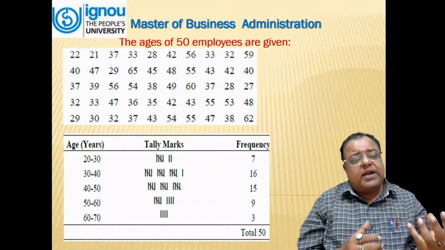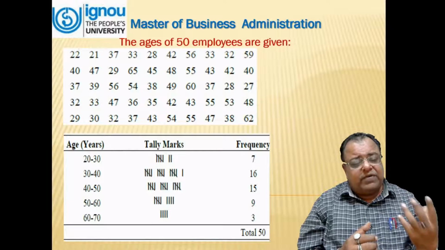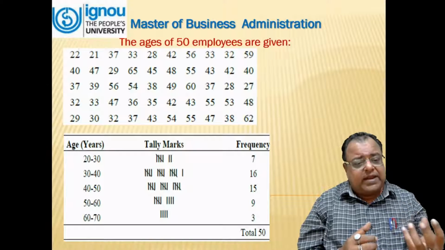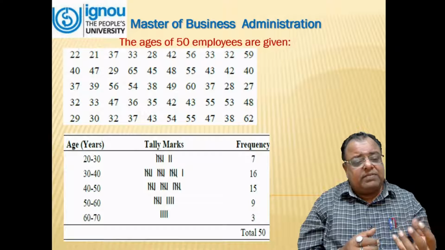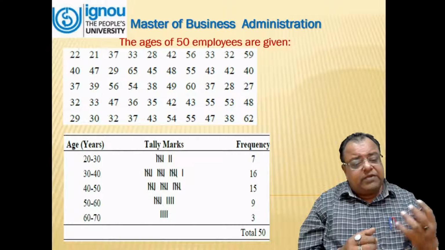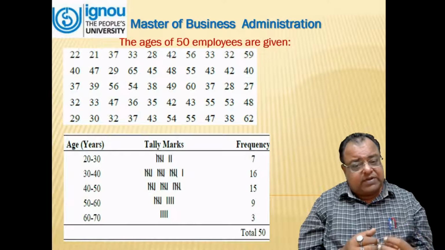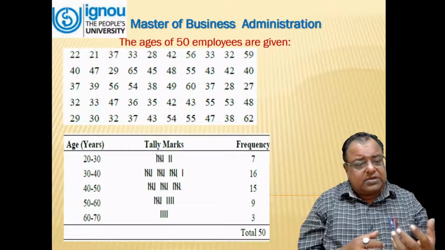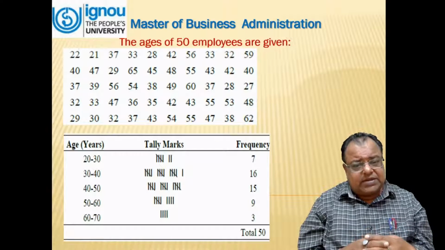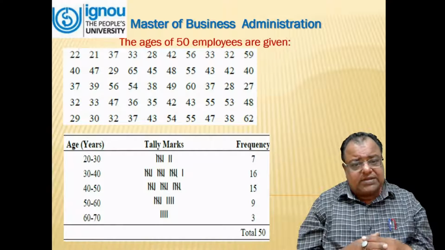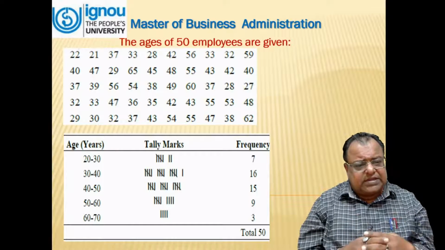This has to be converted into class intervals, so we will take a multiple of 10 in this case. The first class will be 20 to 30, 30 to 40, 40 to 50, 50 to 60, and 60 to 70, because the maximum age in this data is 65.